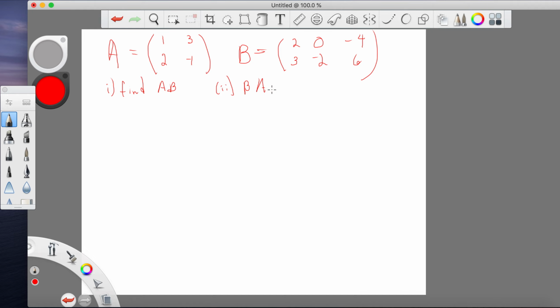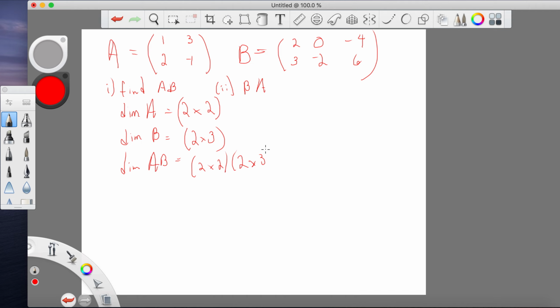Okay, so again, assuming that it's even possible, let's just check. The dimension of A is 2 by 2, and the dimension of B is 2 by 3. So for AB, the inside dimensions are 2 and 2. Because the 2's match, we pick the outside components and we get 2 by 3.